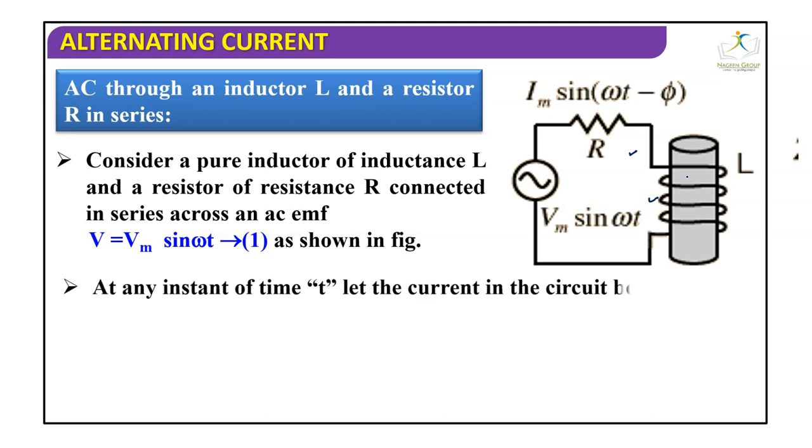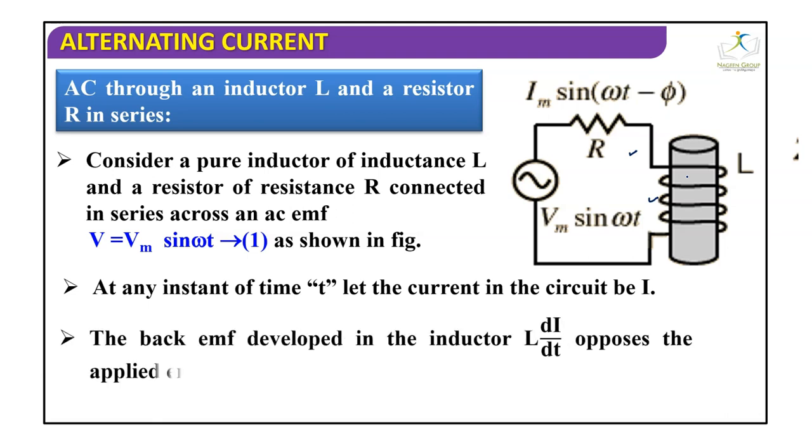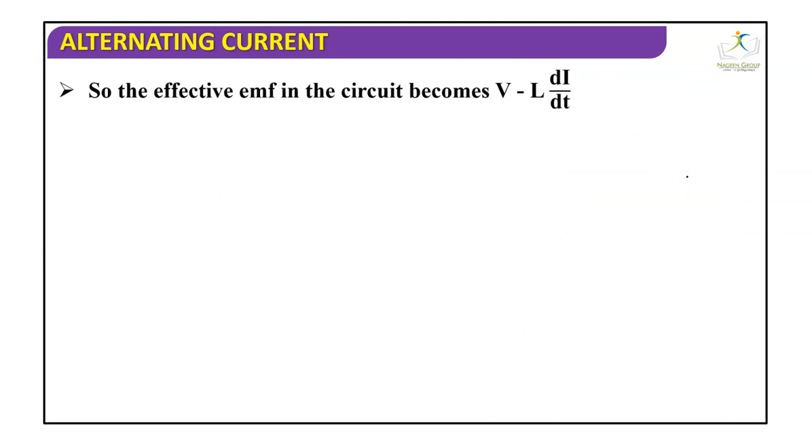At any instant of time t, let the current in the circuit be I. The back EMF developed in the inductor, L di by dt, opposes the applied EMF V. So the effective EMF in the circuit becomes V minus L di by dt.